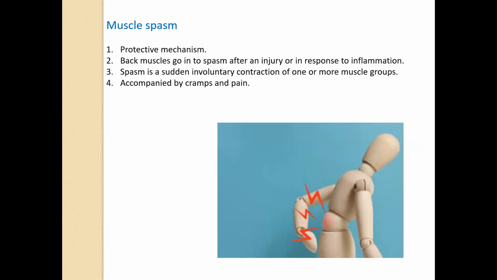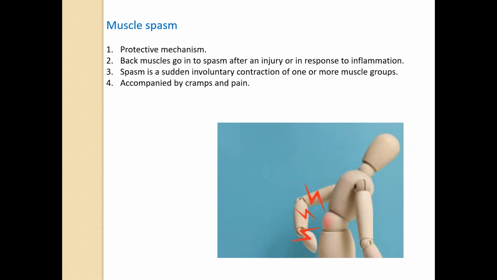And the next one is muscle spasm. Muscle spasm is a kind of protective mechanism. Your back muscles can go into a spasm after there is an injury or an inflammatory process going on in your back muscles or surrounding area.